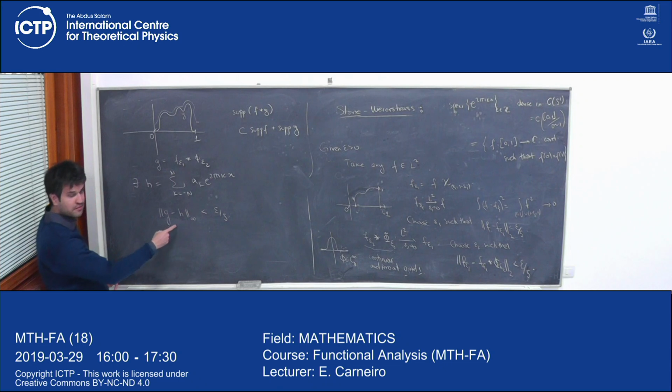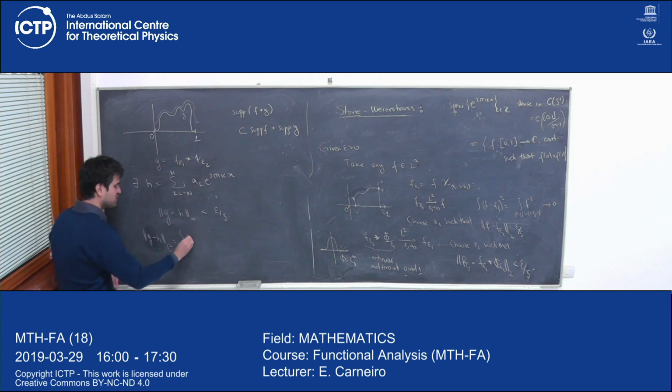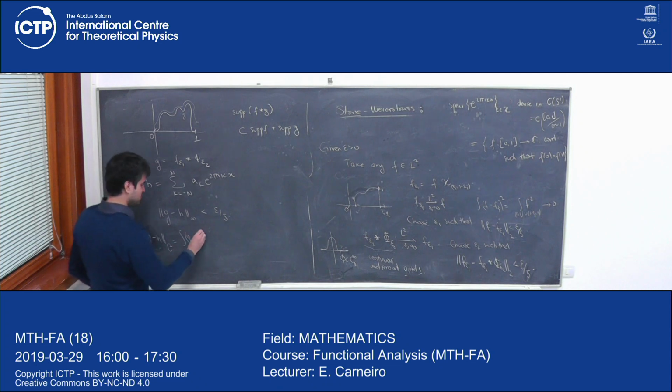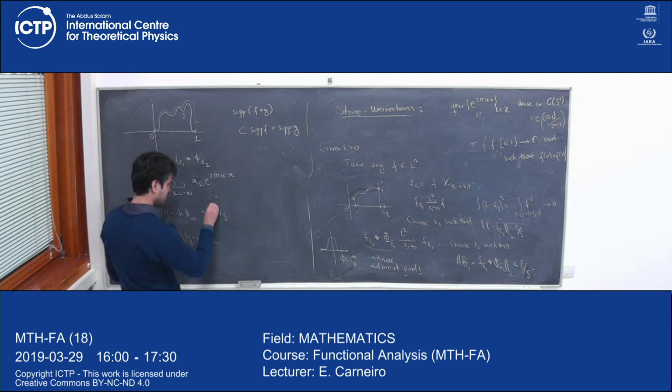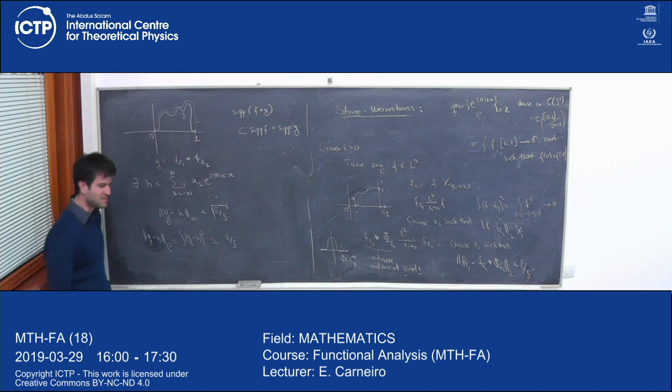But then, I just use the L2 norm, it's just the integral of g minus h in L2, right? It's less than epsilon over 5. Okay?